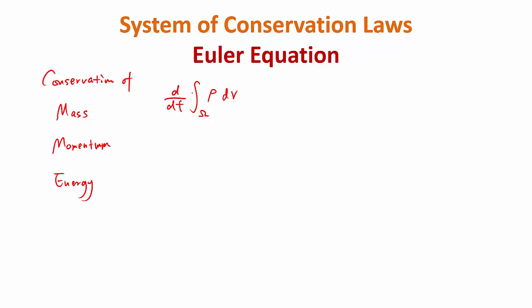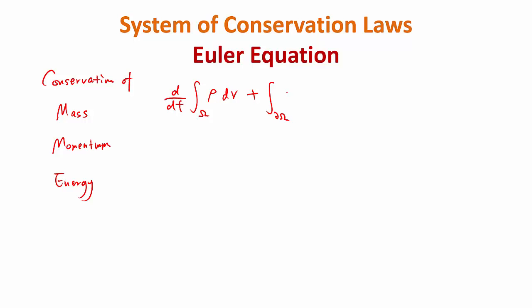So the integral of density in the volume is the mass. And conservation of mass tells you that if you draw a control volume, the increase in the mass inside the control volume has to come from somewhere, right? Mass cannot be created out of nothing. So it has to equal to the total amount of inflow or negative of the total amount of outflow.